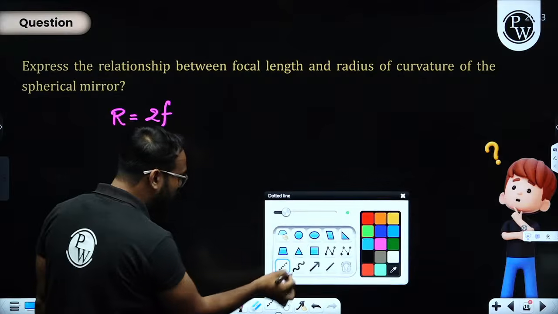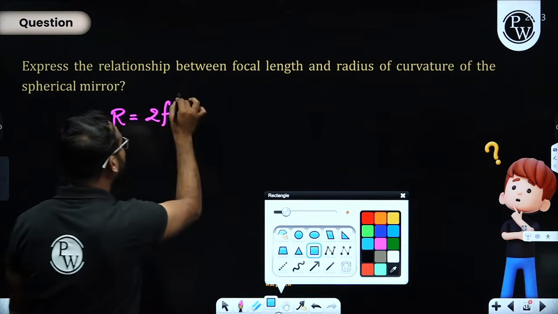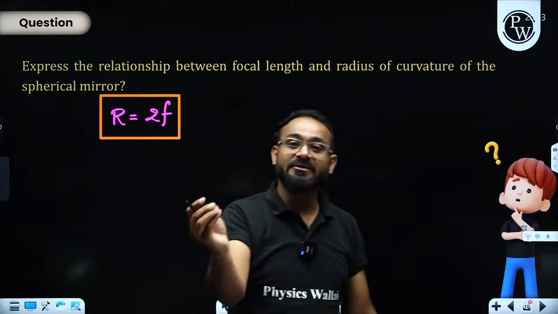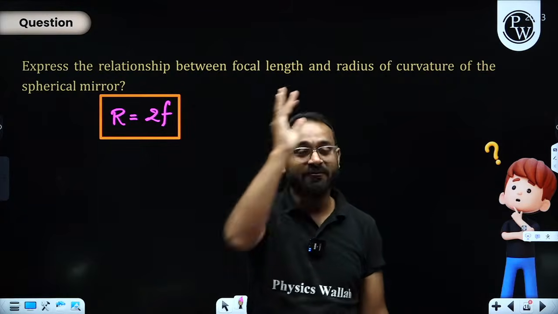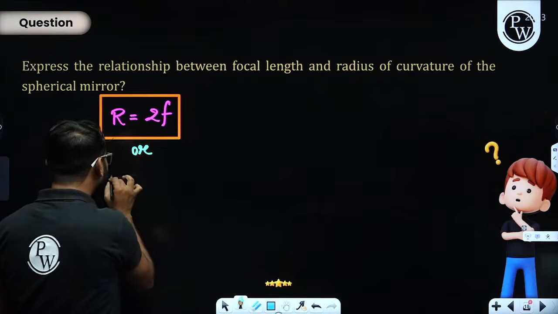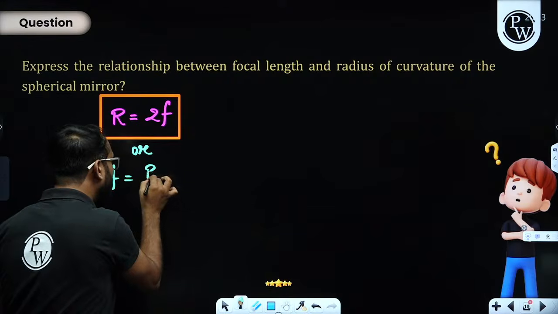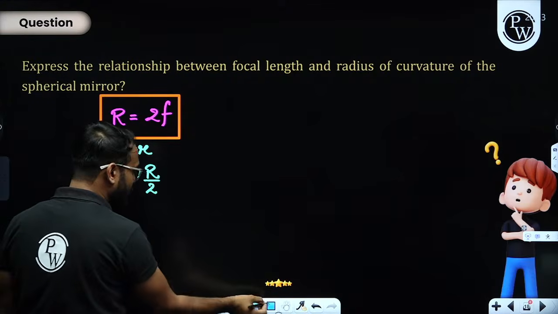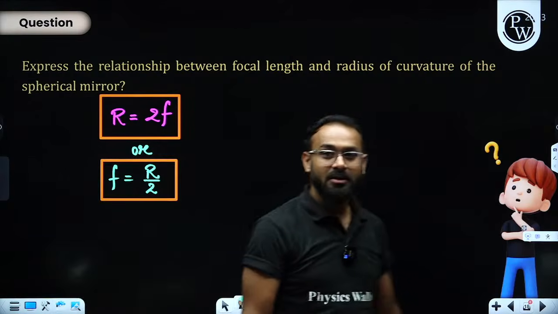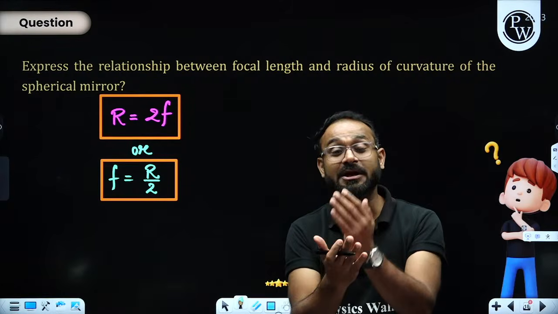As I already told you, focus will lie at the center. So radius of curvature R = 2f, or focal length f = R/2. This is a very simple relation that you can remember. Half of that, exact midpoint.